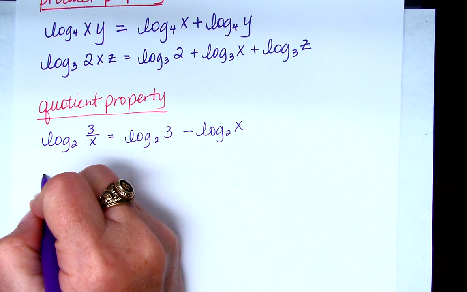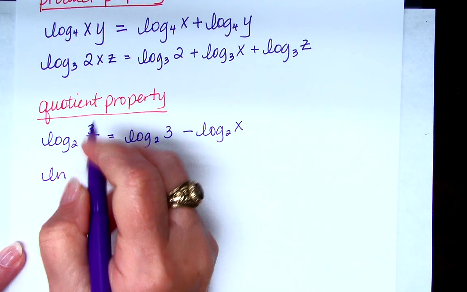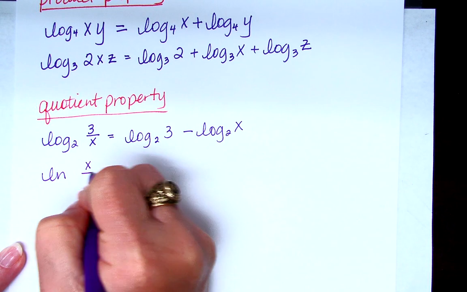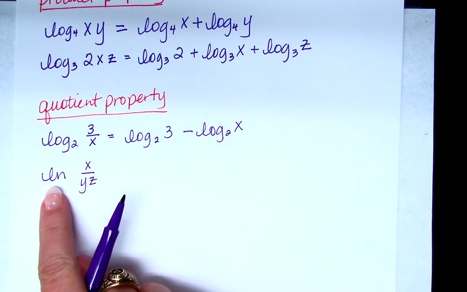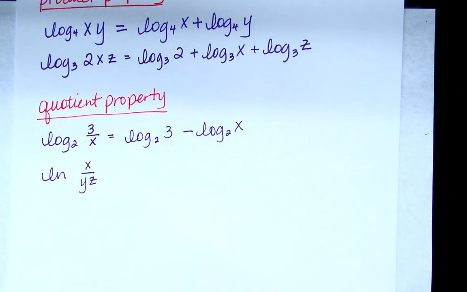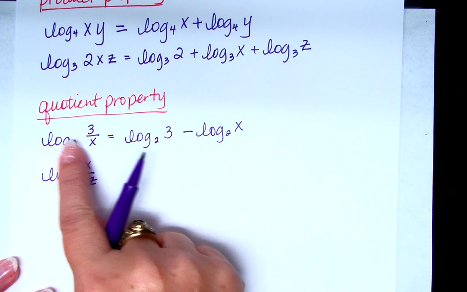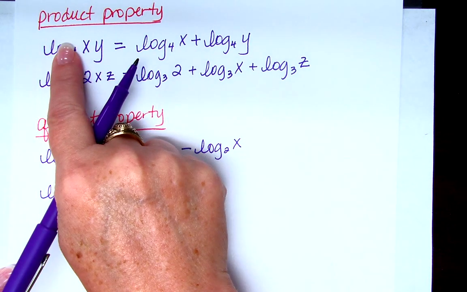Now, what are you going to do if you see this? What is that? It is ln, right? Have we talked about ln before? Oh, then I get to teach you something new today, besides all the other new stuff. Log base 2, log base 3, log base 4.